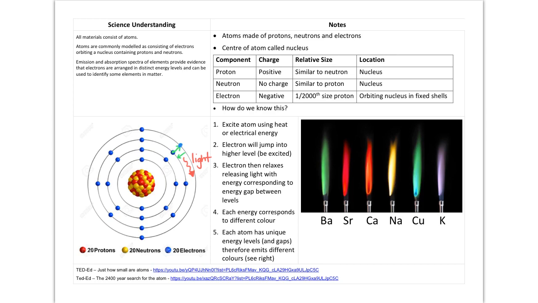So we use a little squiggly arrow to indicate light. So the electron then relaxes, releasing light, and that light has the amount of energy that corresponds to that energy gap between those levels. Now, each energy of light corresponds to a different colour. So when we think of a rainbow and the spectrum in a rainbow, we think of ROYGBIV: red, orange, yellow, green, blue, indigo, violet.